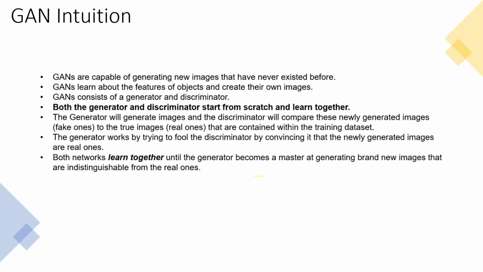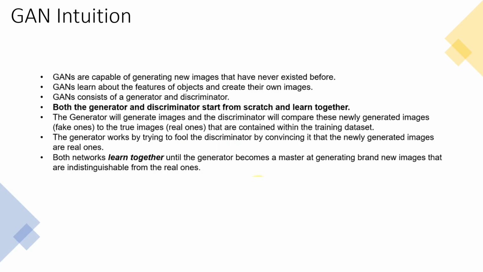It doesn't. You define the architecture as we did in the convolutional neural networks, and then we train this architecture together, both the discriminator and the generator architectures. The generator will generate images, and the discriminator will compare these newly generated images to the true images that are contained within the training set.